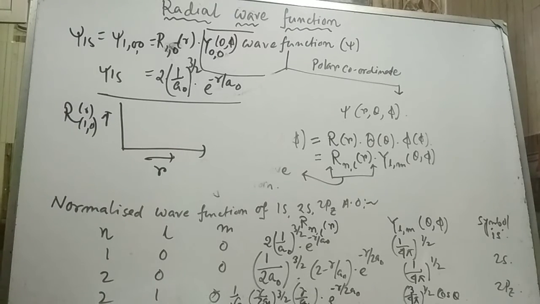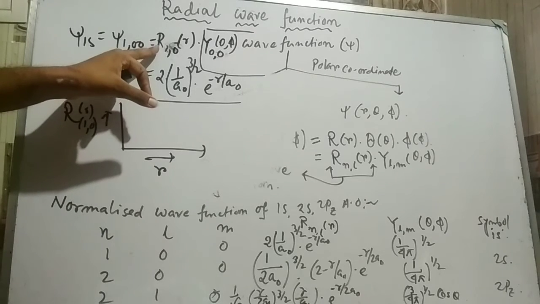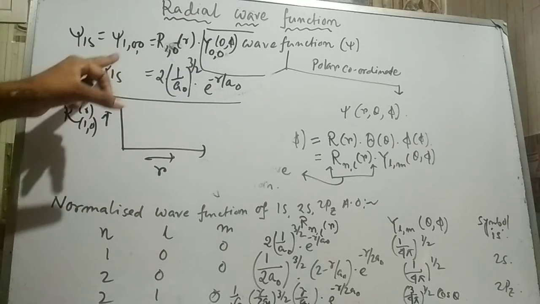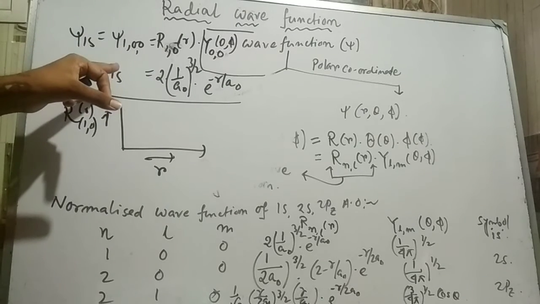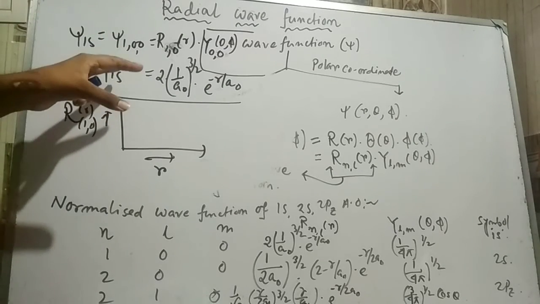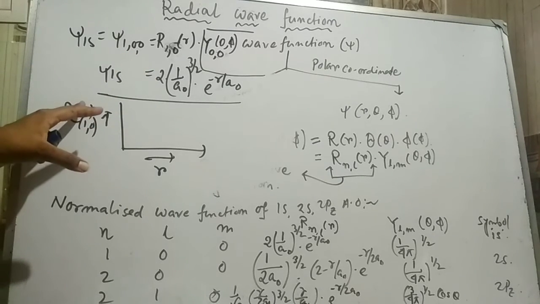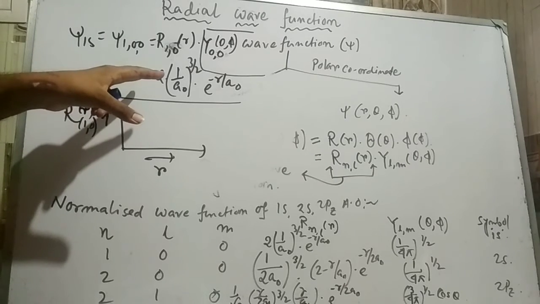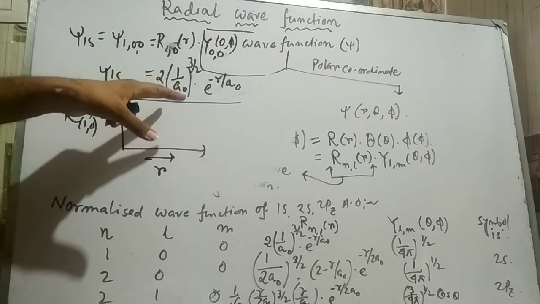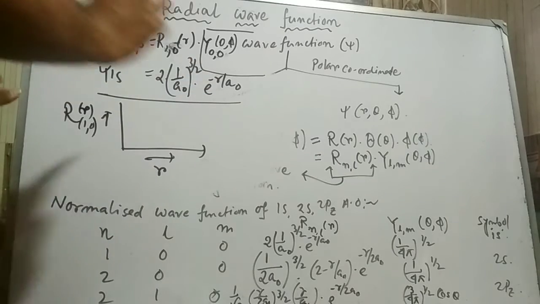Then an exponential curve is obtained because the radial wave function depends on the distance, and from the expression we have seen that psi 1s, that means R(r), is a function of r: 1 by a0 to the power 3 by 2 e to the power minus r by a0.